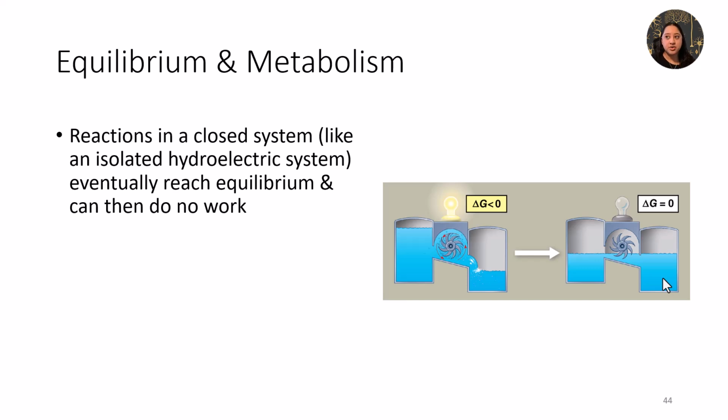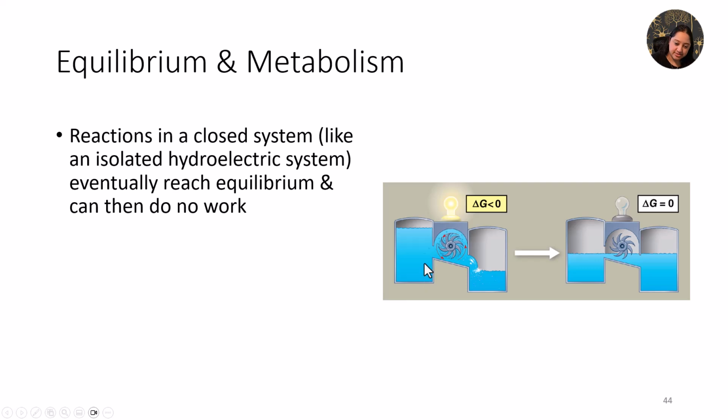And so again, there are different kinds of systems. They can be closed, they can be open. So reactions in a closed system, like if this was an isolated hydroelectric system, they will eventually reach equilibrium and then do no work.